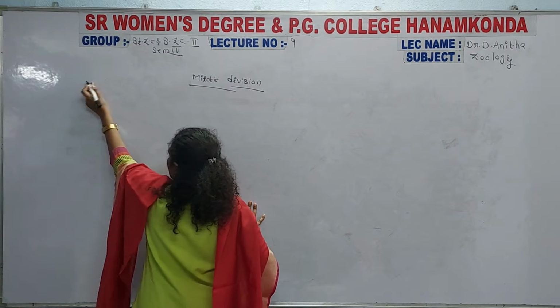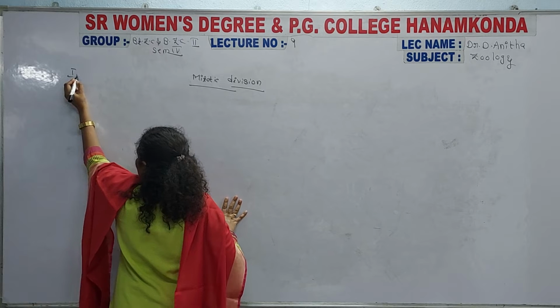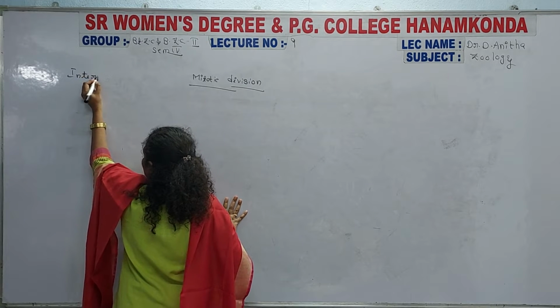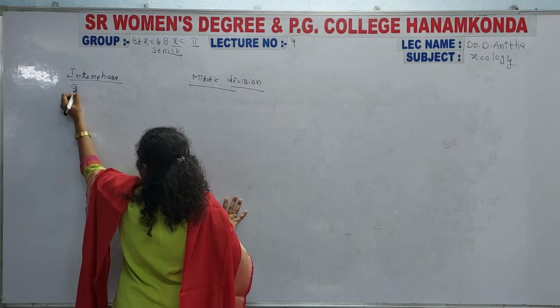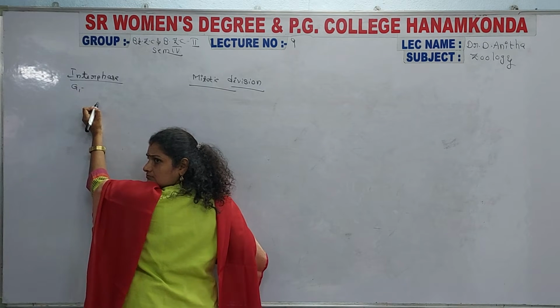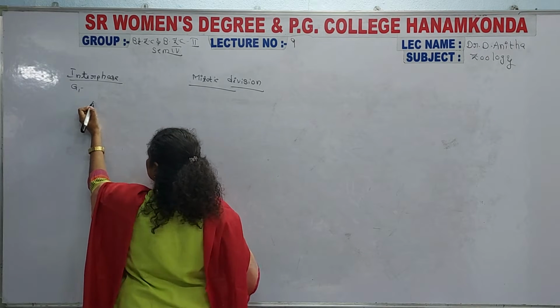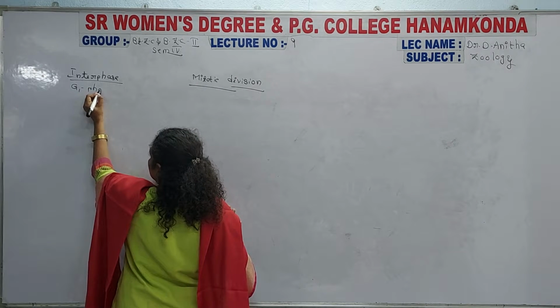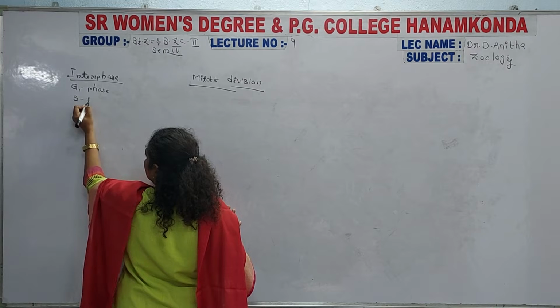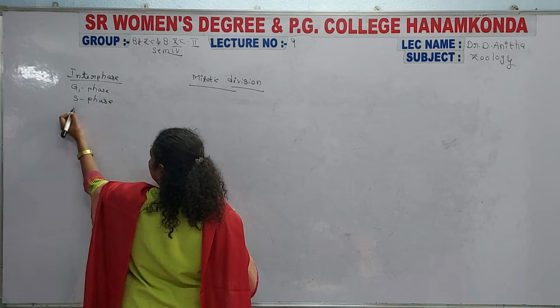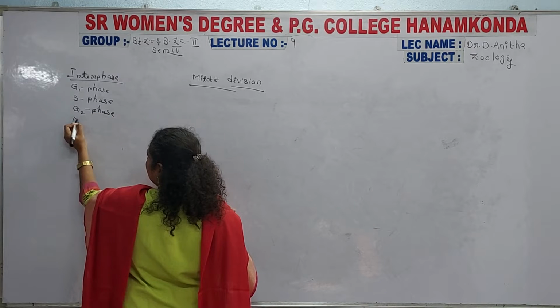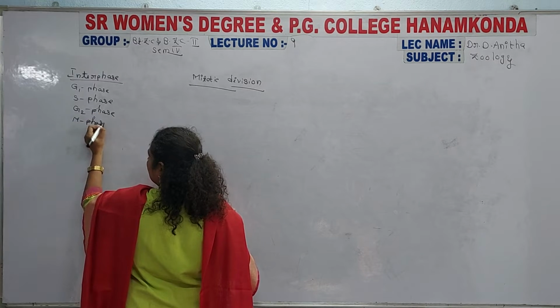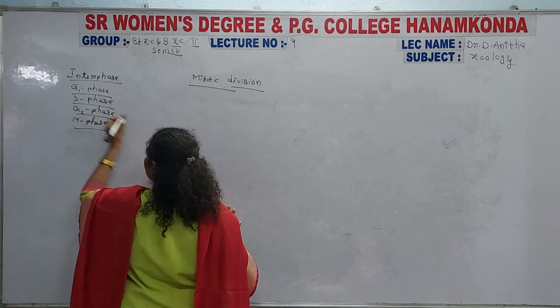It may possess some stages: G1 phase, S phase and G2 phase, and after that the M phase, that is the mitotic division phase.